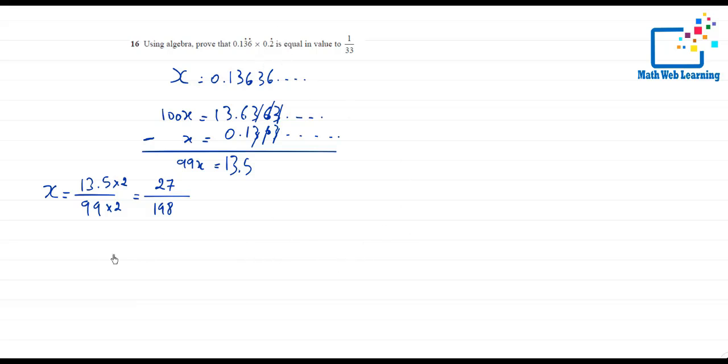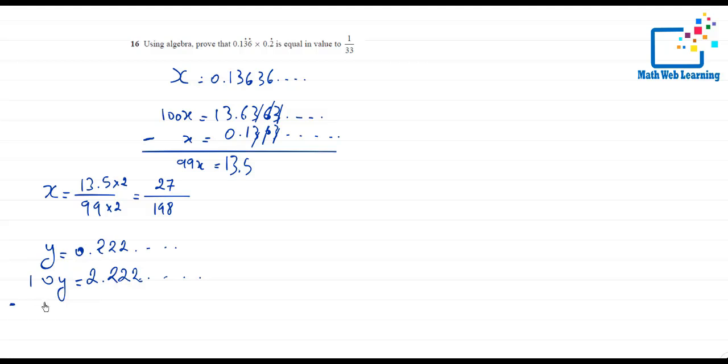Now let's do the same thing for the other one. I'm going to call it y, to avoid any confusion. Here is 0.2 recurring and so on. You know, there's only 1 digit recurring, so we multiply it by 10, don't we? All right, yeah, you know that. So you get 2.222 and so on. Then you subtract this from this.